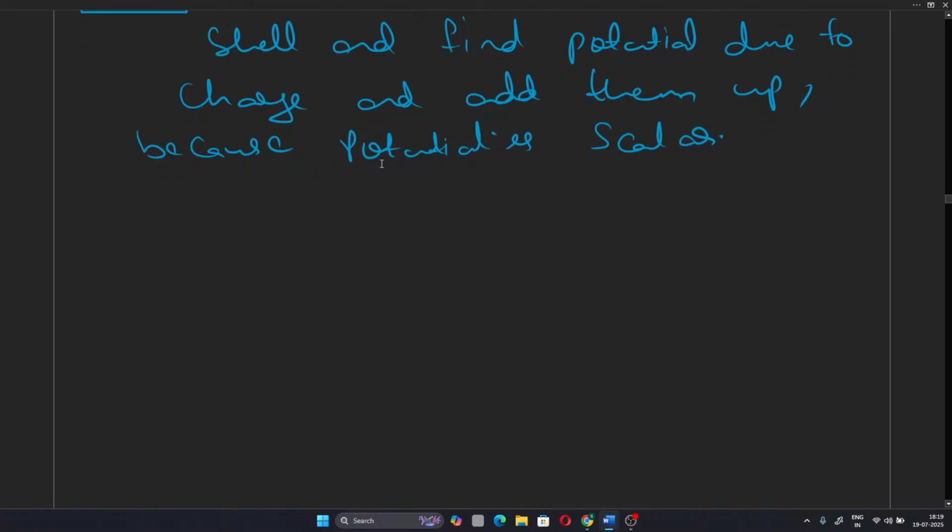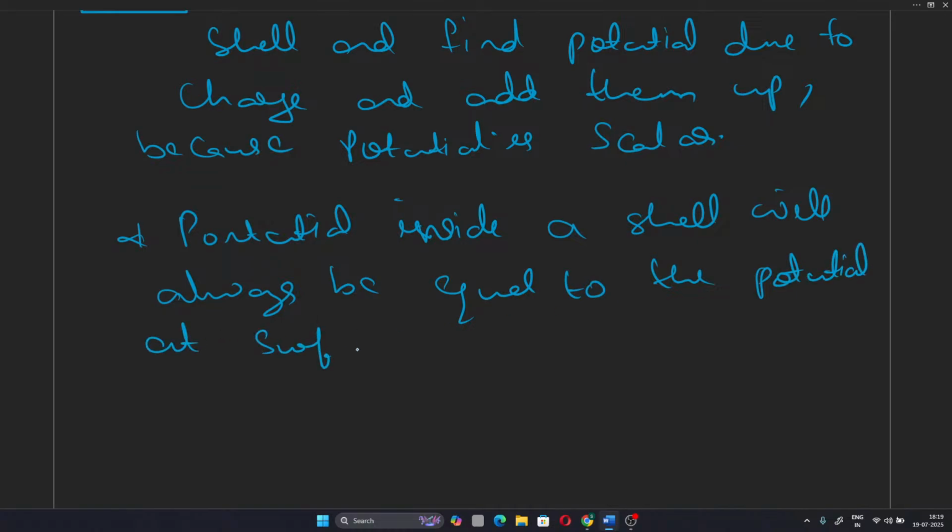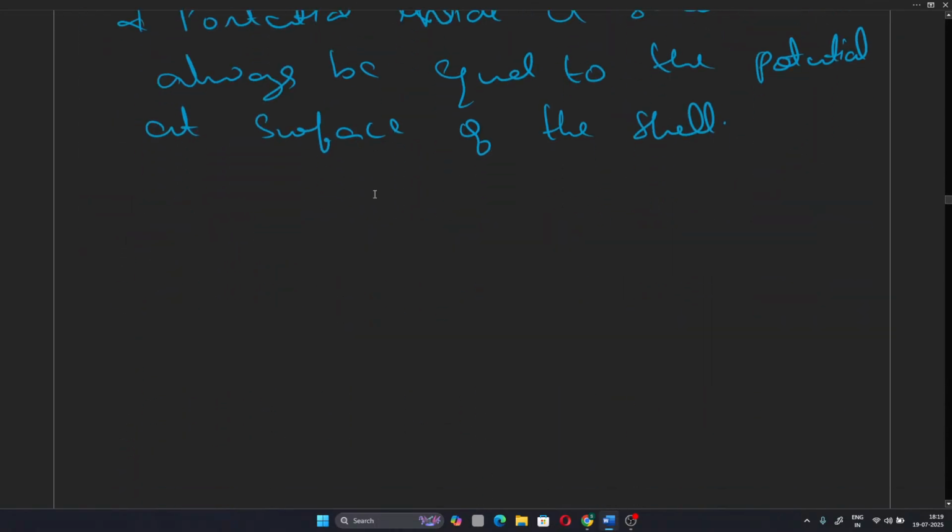And one more concept is that the potential inside a shell will always be equal to the potential at the surface of the shell. These are the two concepts.